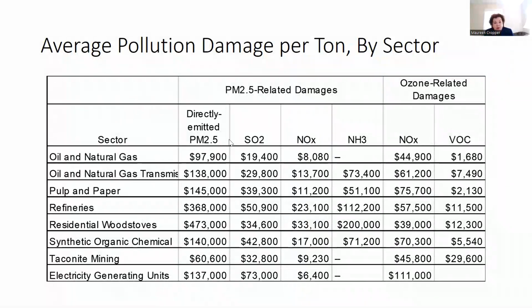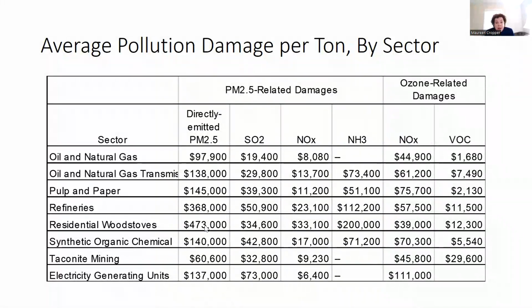This is being averaged across the whole country. For example, for the oil and natural gas that we just looked at, a ton of directly emitted PM 2.5 has on average damages of about $100,000. Not surprisingly, for residential wood stoves, those damages are way larger, almost 5 times as big.